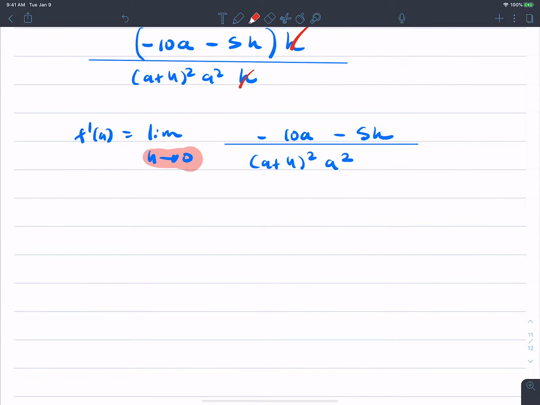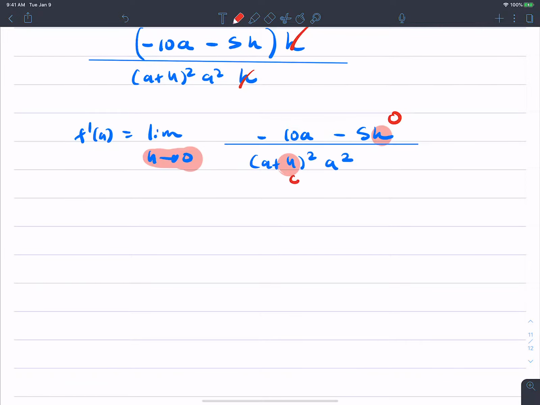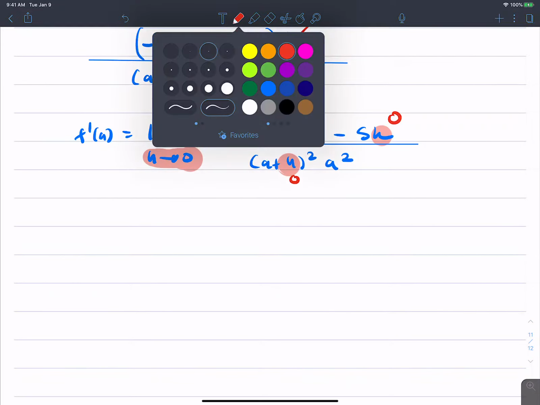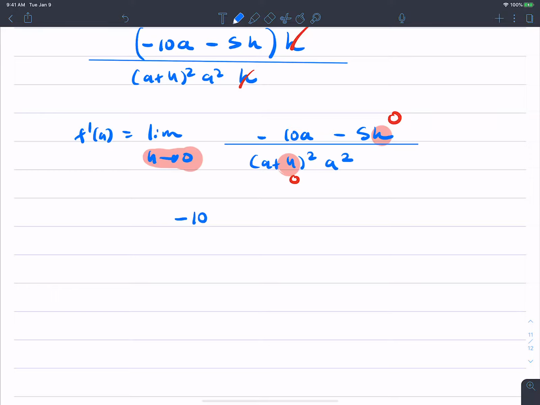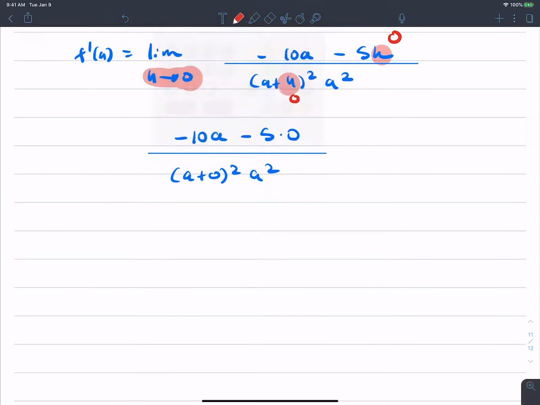So wherever there's an h, here and here, you get to put a 0, right? So here's what we end up with: negative 10a minus 5 times 0, over (a plus 0) squared, a squared. So notice this. We get 0 here, and this portion is just going to be a.